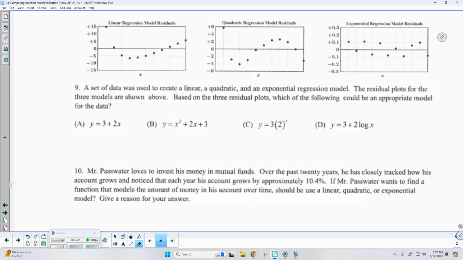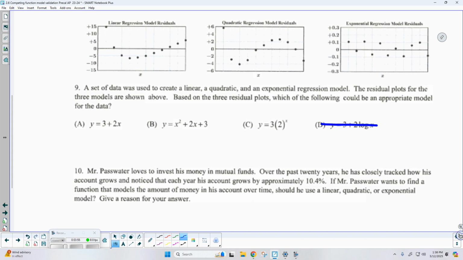Based on these 3 residual plots, which of the following could be an appropriate model for the data? Okay, so what answer can I eliminate immediately? We haven't even gotten to them yet. Okay, we have not talked about logarithms yet, so that is out. Don't worry, when we get back from spring break, that is exactly what we're going to start discussing.